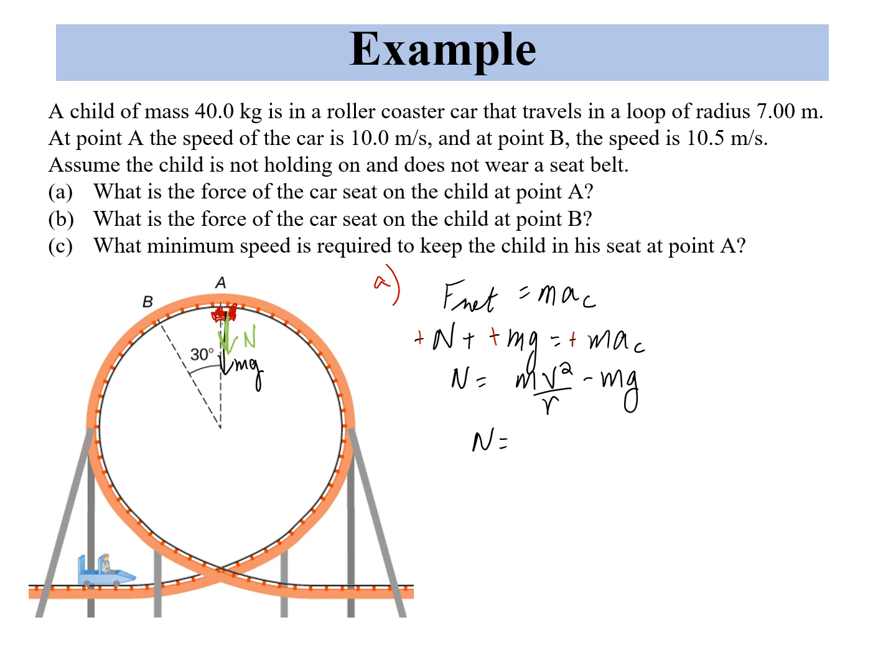Right, so the mass is 40. Speed at point A is 10. R is 7, minus mass 40 times 9.81. When you calculate that force, it should come out to about 179 newtons.